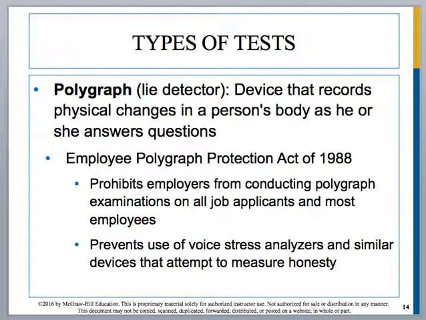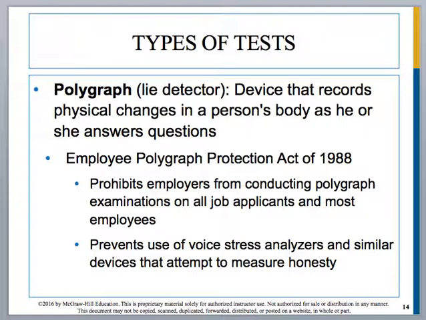Polygraph, lie detector. 99.9% of you have heard about it. I don't know how many of you have actually experienced the use of one, but it's going to record the physical changes in your body based on the questions that you're asked. And there's the EPPA, the Employee Polygraph Protection Act of 1988, that prohibits organizations from conducting these exams on all applicants and most employees.